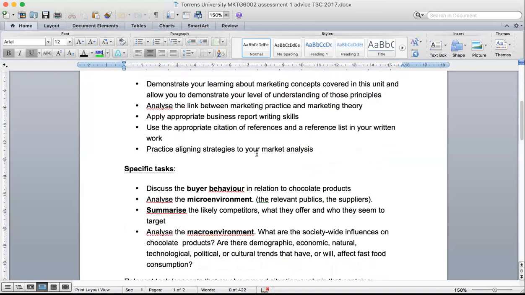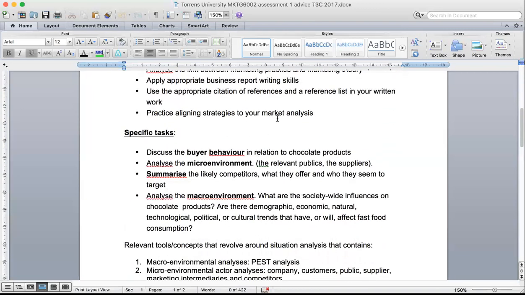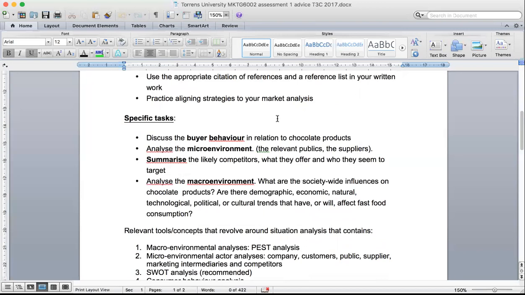Okay, so specific tasks include buyer behavior and micro environments, and that includes the public, suppliers and also the competitors, which are basically part of the micro environment actors.